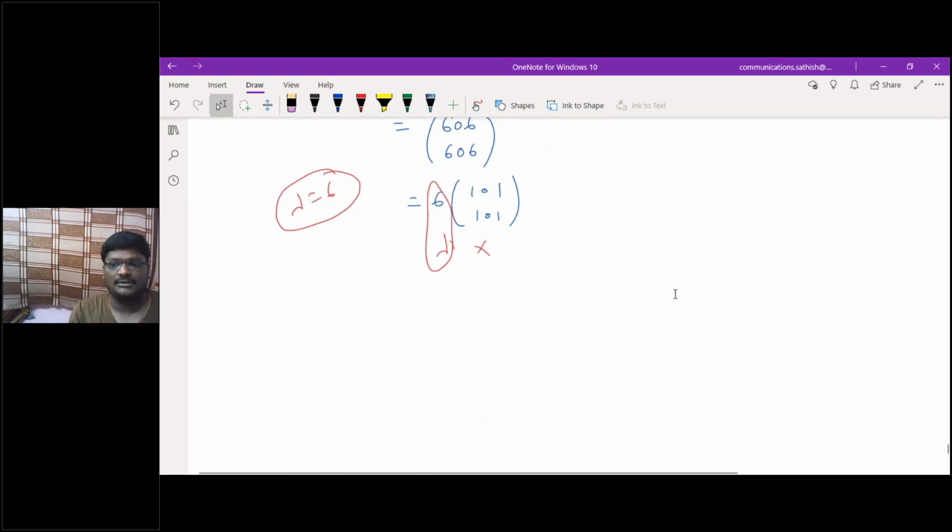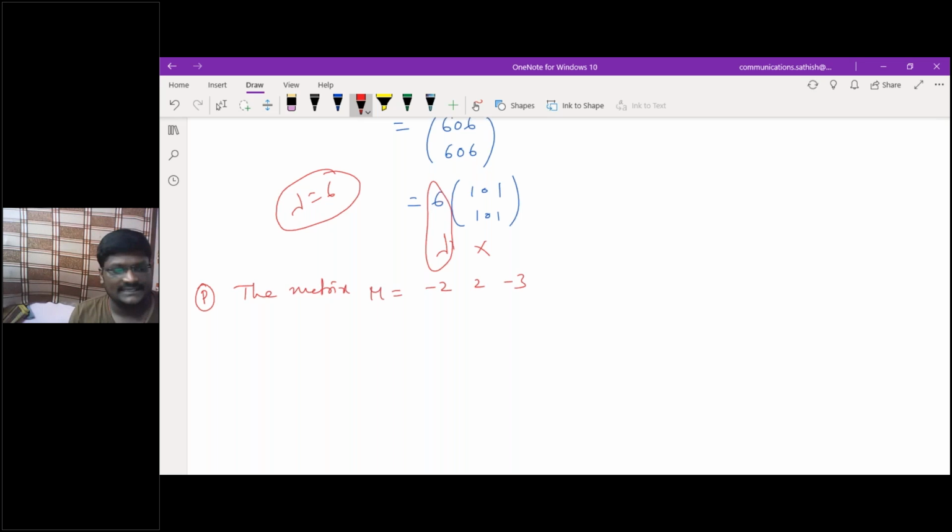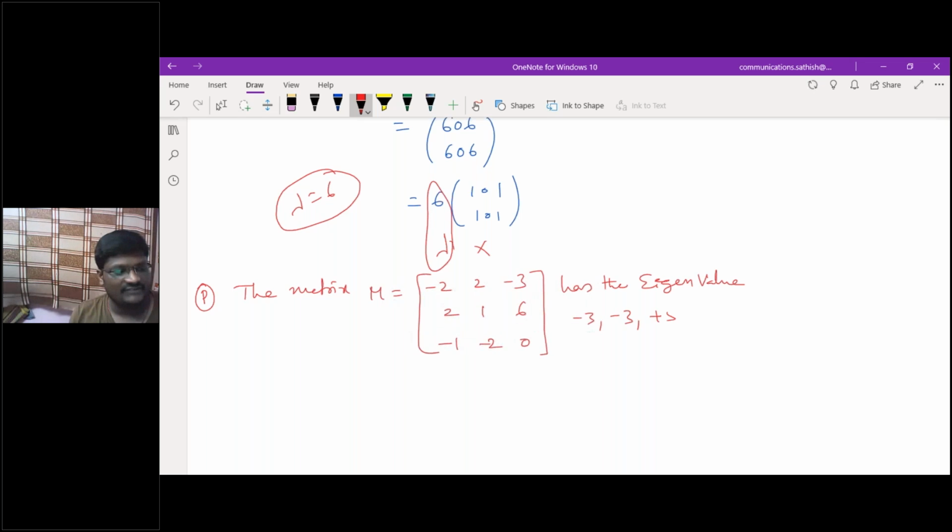Then one more problem. That is the last problem. Note down. The matrix capital M, which is equivalent to [-2 2 -3; 2 1 6; -1 -2 0], has the eigenvalues -3, -3, and +5.